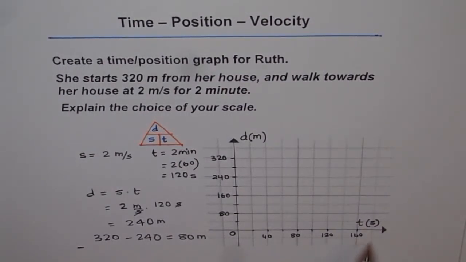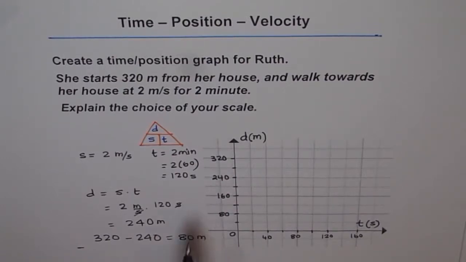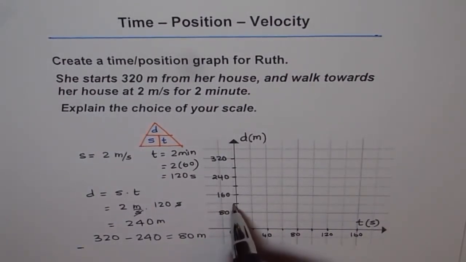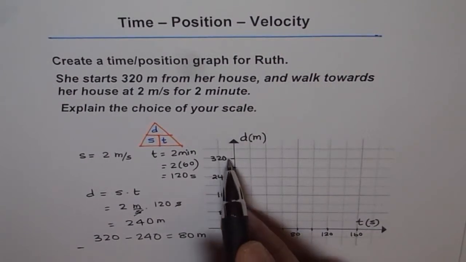Since we have a good scale here, see how clearly we have marked our distance. There is no approximation. If you go by 40s, we get 320 as a multiple: 8 units, 1, 2, 3, 4, 5, 6, 7, 8.